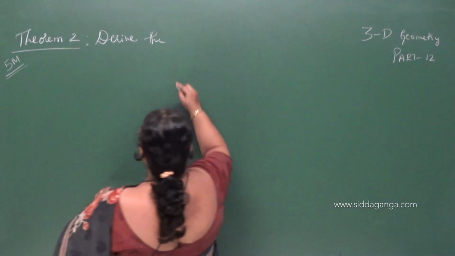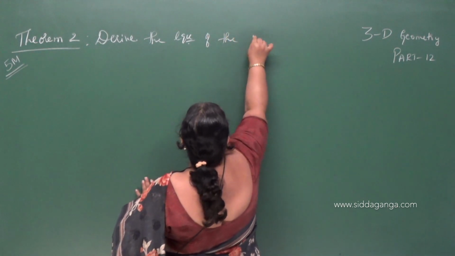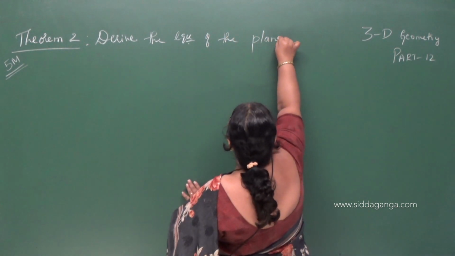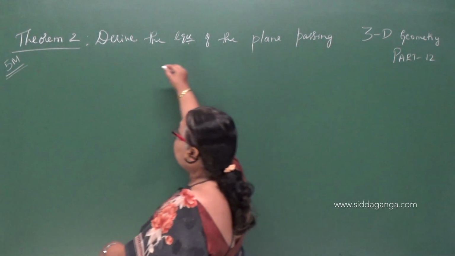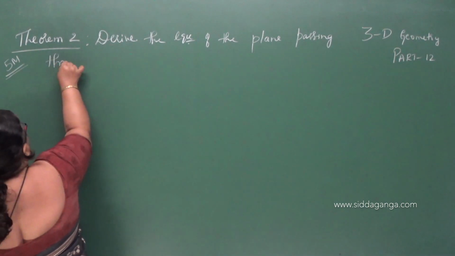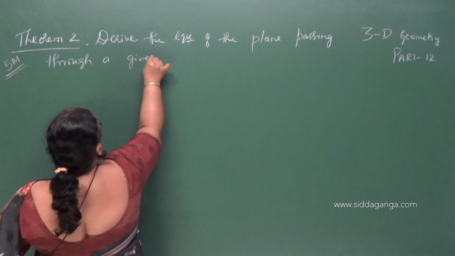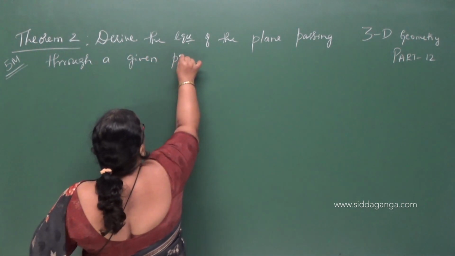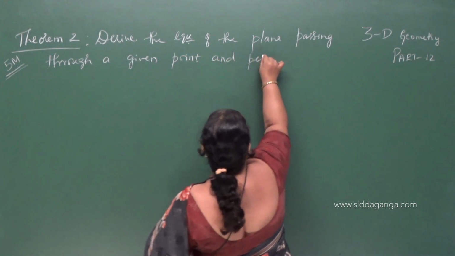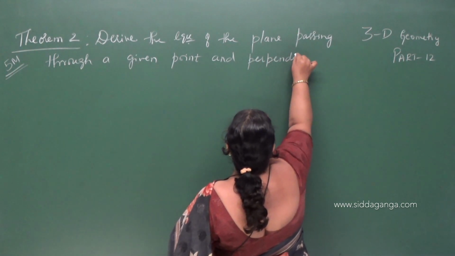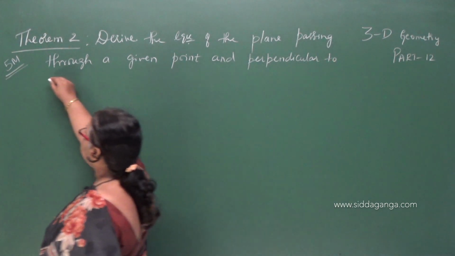Derive the equation of the plane passing through a given point and perpendicular to a given vector.